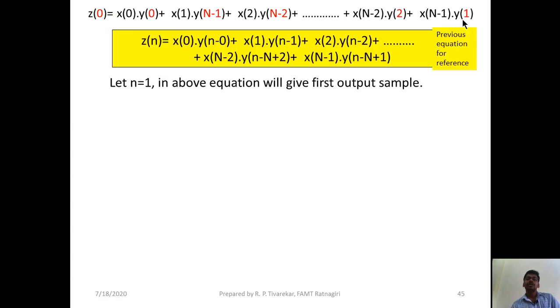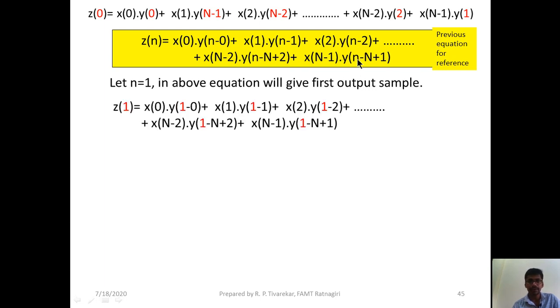Now this same previous equation is used for reference, and now I am substituting n equal to 1 for getting the second output sample. So if I substitute n equal to 1 in this equation, here, here, here, here and here, I will get this thing. You can verify.